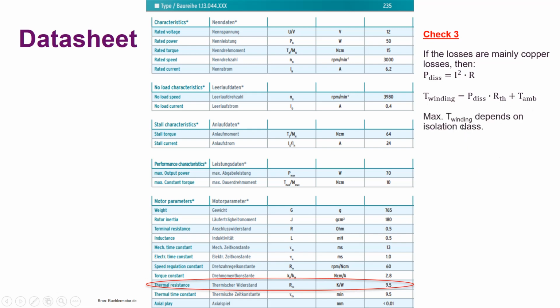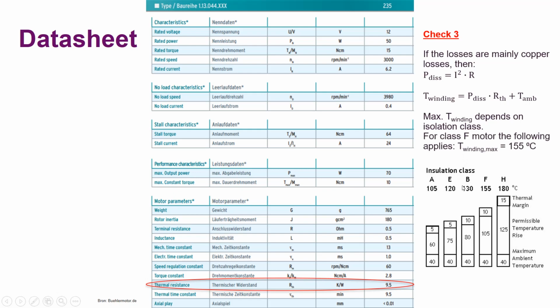The maximum allowed winding temperature depends on the isolation class of the motor. This is a so-called Class F motor, and for a Class F motor, the maximum winding temperature is 155 degrees. So it should never exceed 155 degrees.